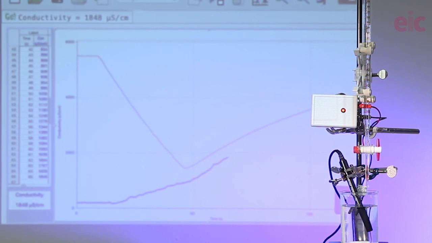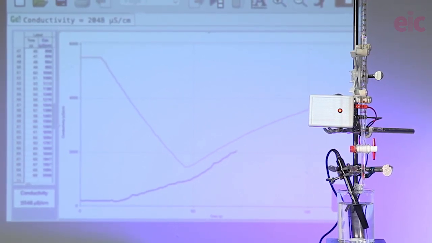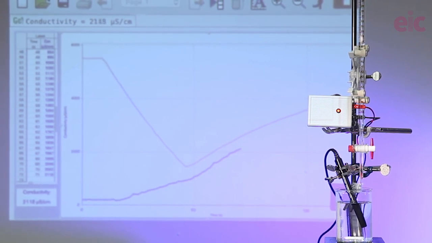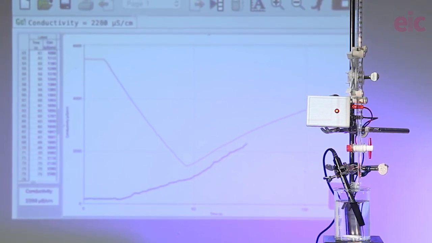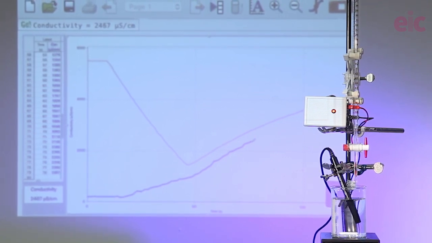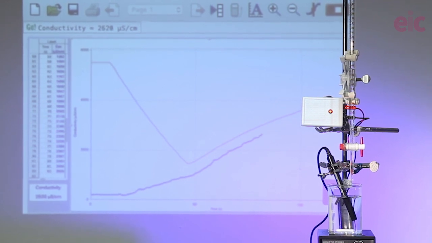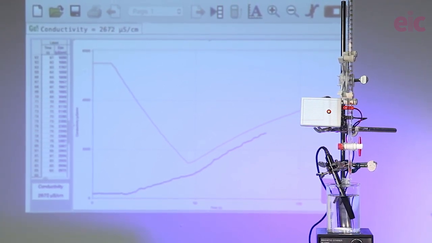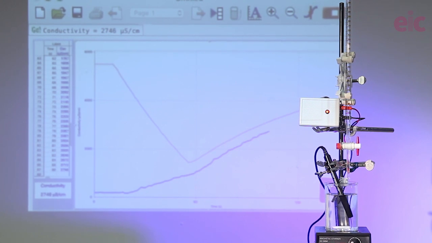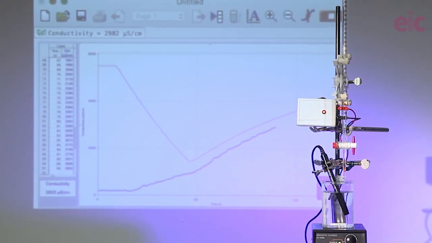The conductivity rises to the equivalence point where, once we run out of acid to mop up the added hydroxide ions, the conductivity rises more rapidly for the reasons explained before. Notice how the gradients of the lines after the equivalence point match each other so beautifully, demonstrating the equivalent role of the hydroxide ion in the solution.